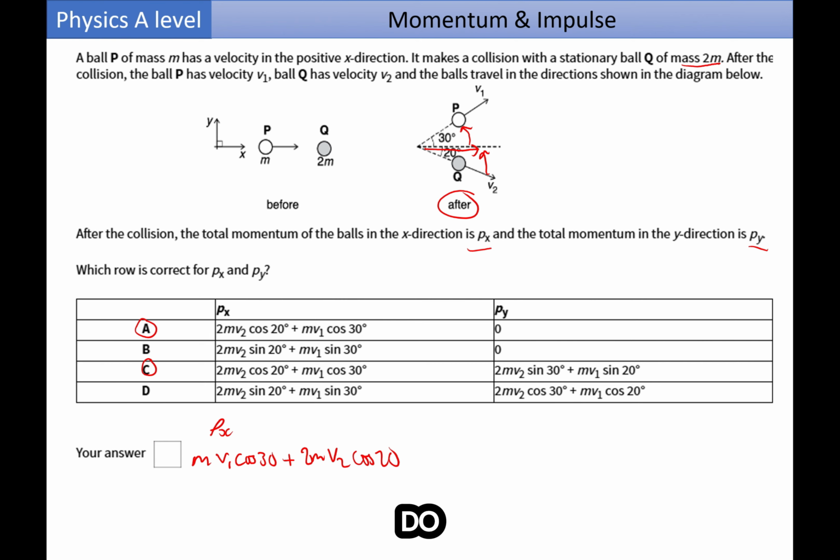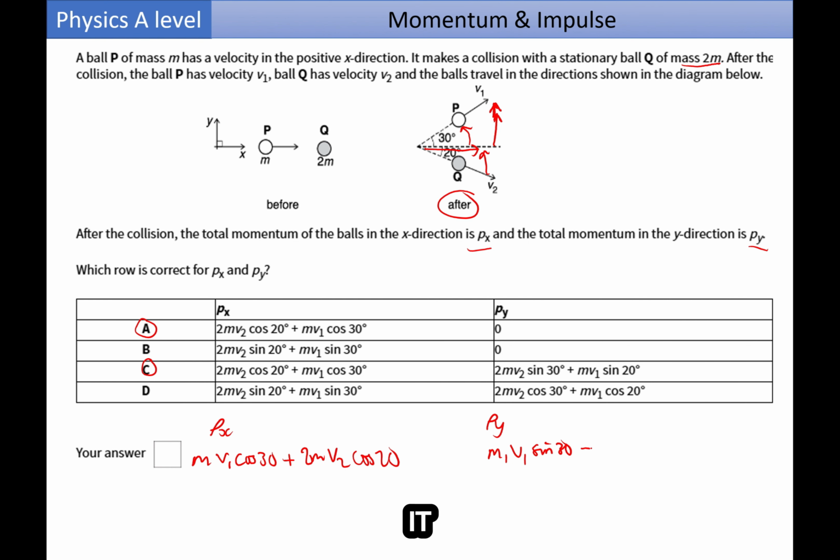Okay, let's do the total momentum in the y direction then. The total momentum in the y direction after collision is m1, which is mass of 1, times the velocity, which is in the vertical direction now. And that looks like it's sine, because it's against the angle, so that'll be sine 30.